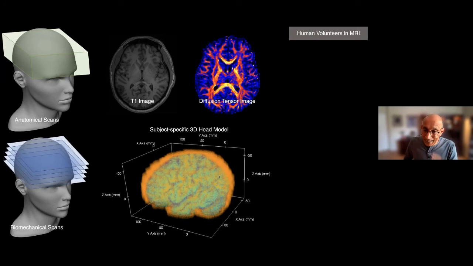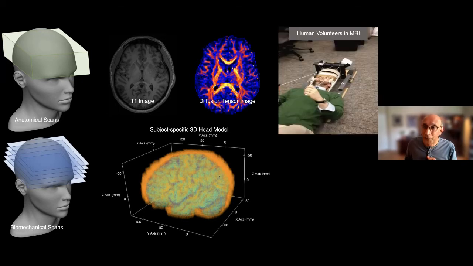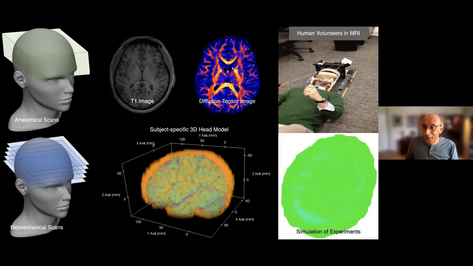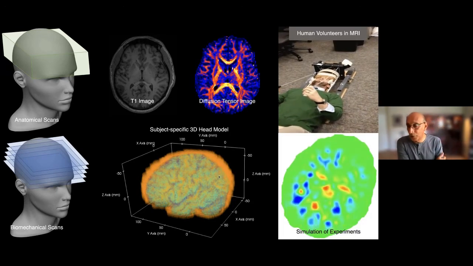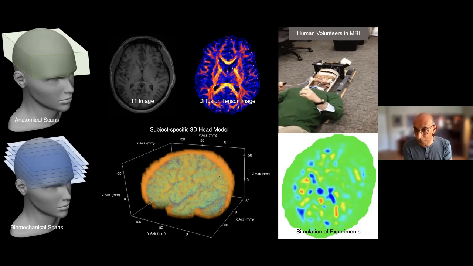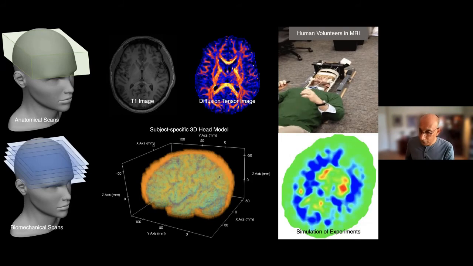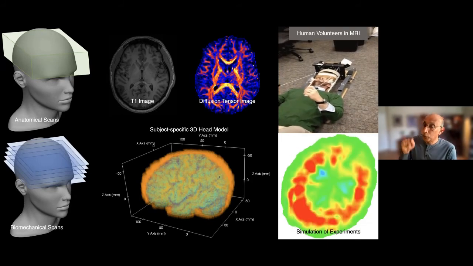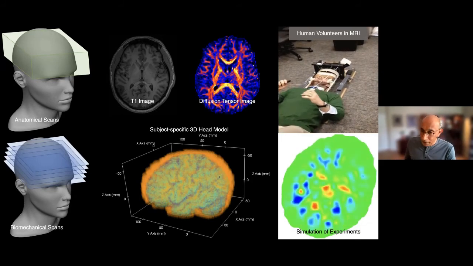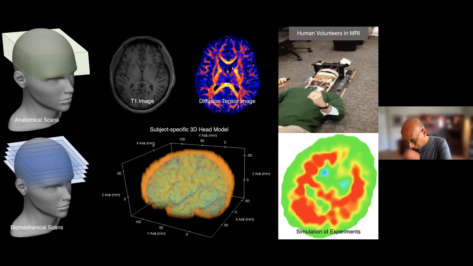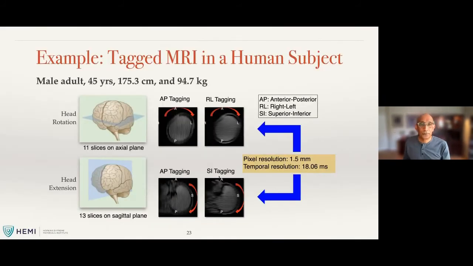What I mean is, I build a separate model for every individual's head, for every subject. So there's a volunteer moving his head, and I build that model, and now I can run a simulation using the material properties that I have measured in the lab, and calculate what's happening inside the brain, and then compare that with the measurements. So I measure three-dimensional strains in the brain, I can calculate them, and compare the two.